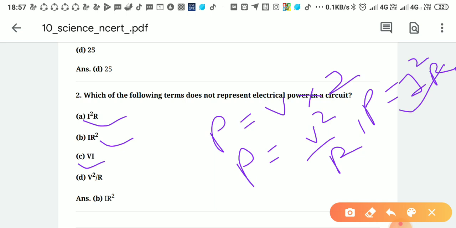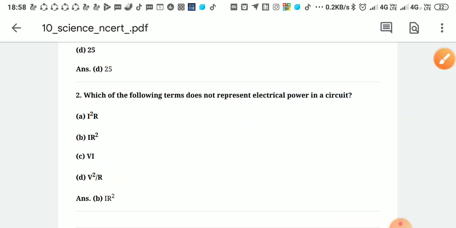Let's go for option C, P equal to VI. It's okay, this is also a formula for electric power. V square upon R is also a formula for electric power. So you can directly choose the answer. Option B should be the answer, that is IR square, which is not a formula for electric power. So option B is your answer.